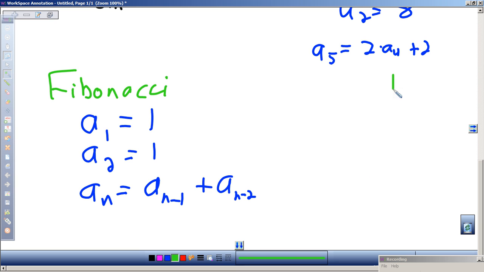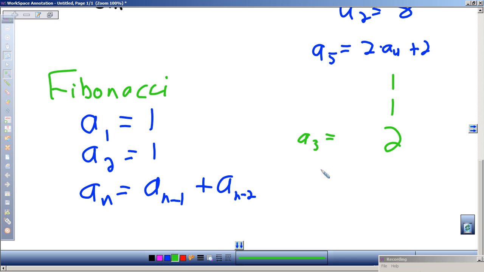So your first term is 1, second term is 1. What would your third term be? If we're looking at a3, we plug in 3 here. 3 minus 1 is 2, so we want a2 plus, plug in 3 here. 3 minus 2 is 1, so a2 plus a1, which is 2.